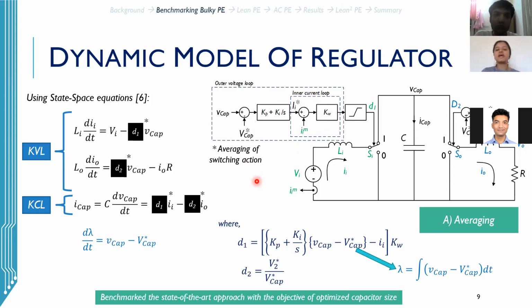Right. So in this particular example, we are just trying to characterize this classical approach, and develop a simplified equation between the design variables, that is the proportional gains here, and the capacitance value.